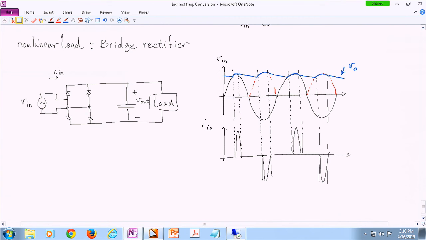Something like this. So as you can see, our input current is nothing close to being sinusoidal, okay? First of all, it's 0 for a long portion of time. And then when it's, for instance, positive, it's like a spike of positive, and then 0, then a negative spike. So it is not sinusoidal.